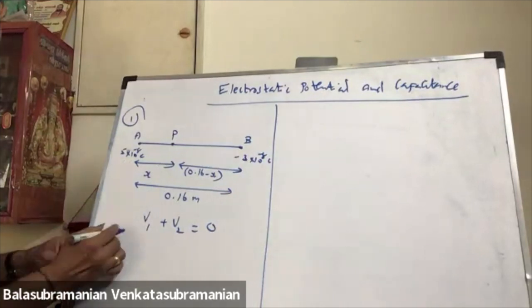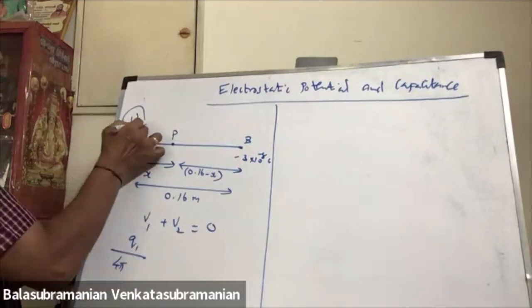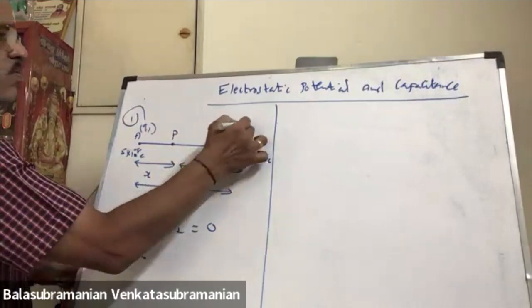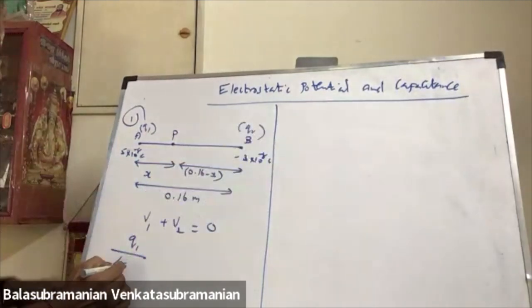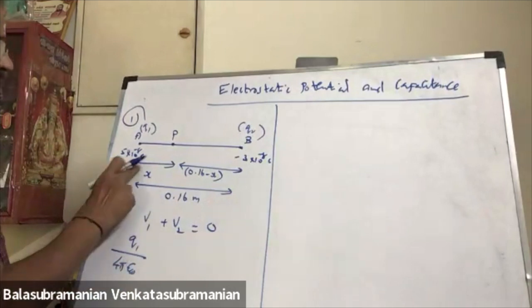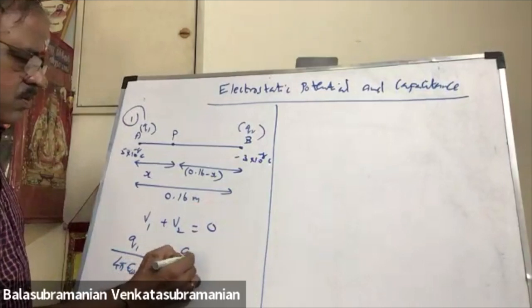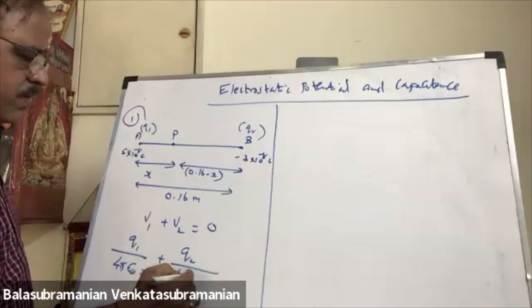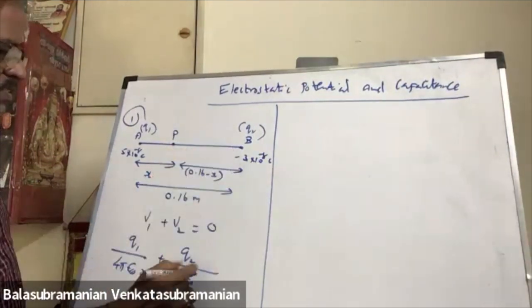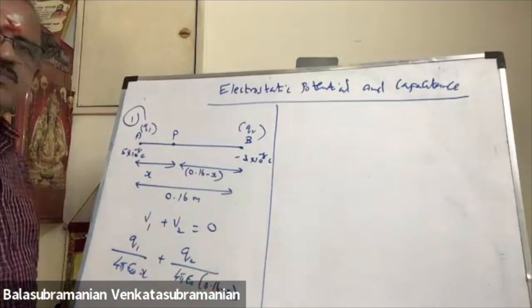So the formula: this should be Q1, this should be Q2. Q1 by 4 pi epsilon naught times the distance x, plus Q2 by 4 pi epsilon naught times the remaining distance 0.16 minus x.